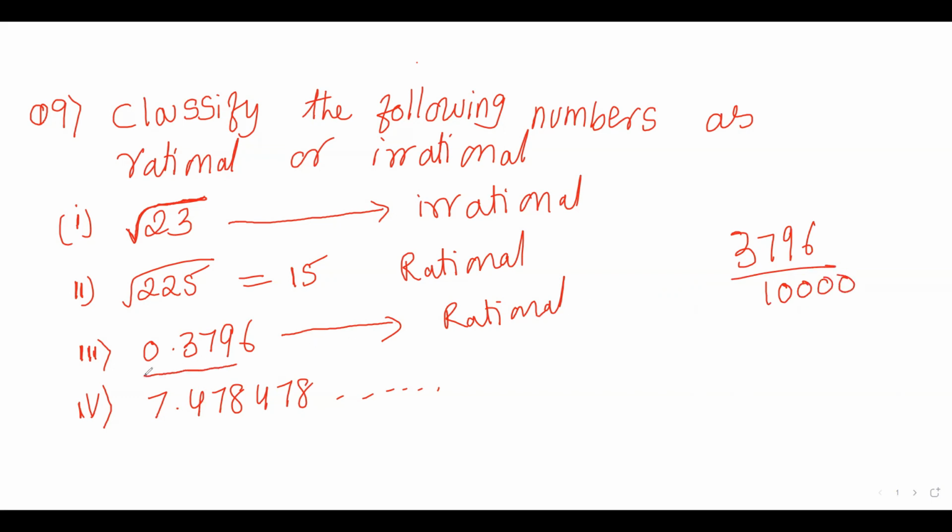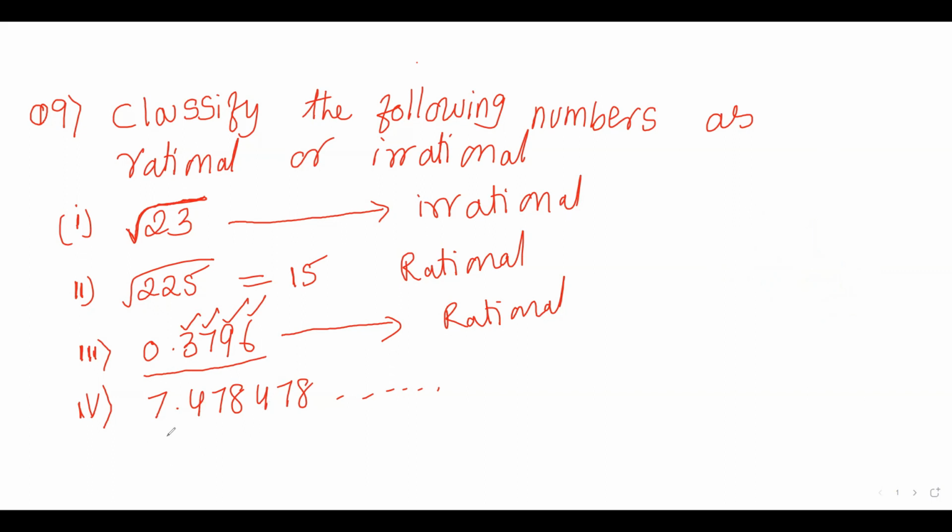You can remove the decimal. After the decimal point, you have 4 digits. So you have to divide by 10,000. 4 zeros should come. You can convert into P by Q form. That's why terminating decimals are rational.